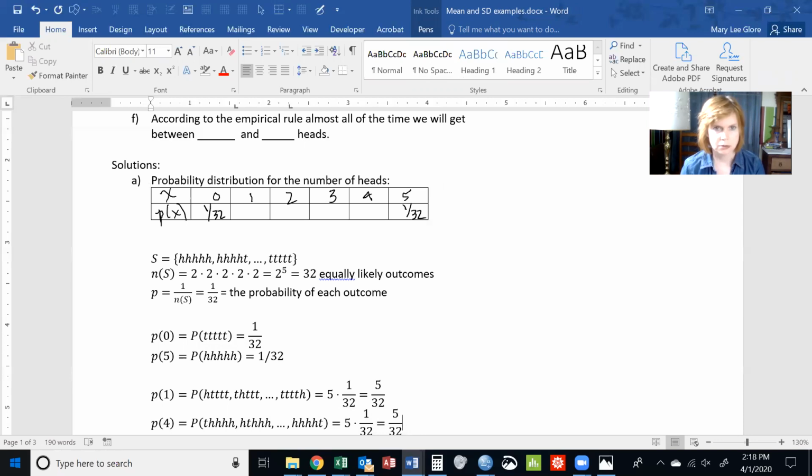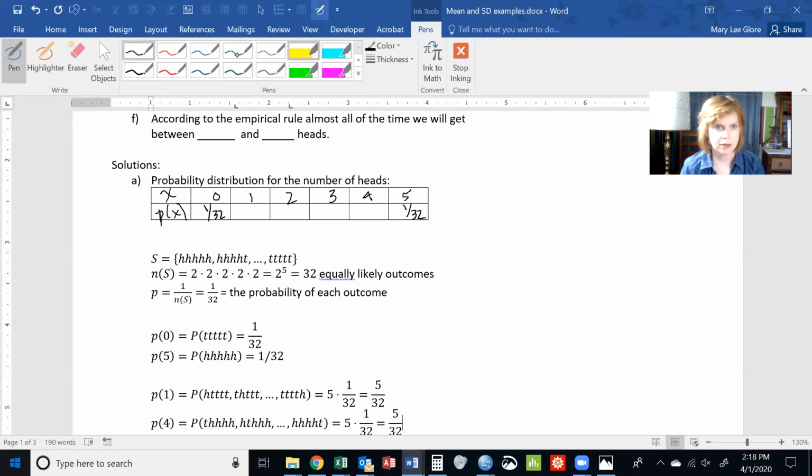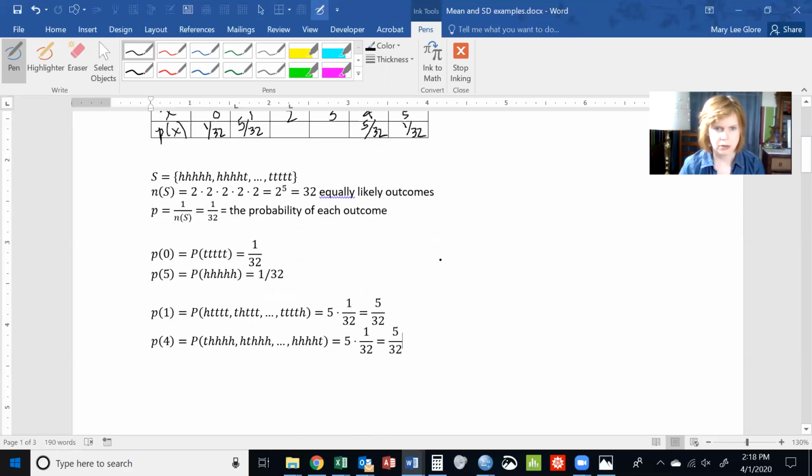Okay, all right, so probability of 1 is 5 over 32. Probability of 4 is 5 over 32. All right, so now we need to figure out the probability of 2 and 3.